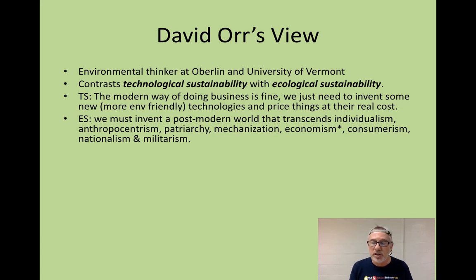Anthropocentrism, humans are the center of the earth. Patriarchy, control of human society by men. Mechanization, that the best way to deal with the earth is to employ machines to do jobs for us. Economism, the idea that economic values are the best or only values.